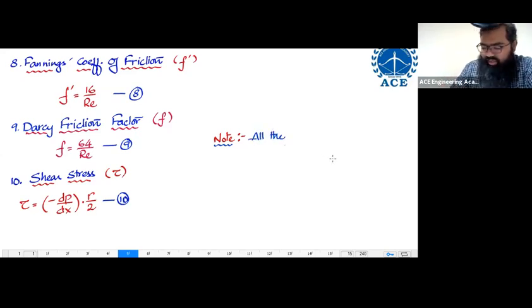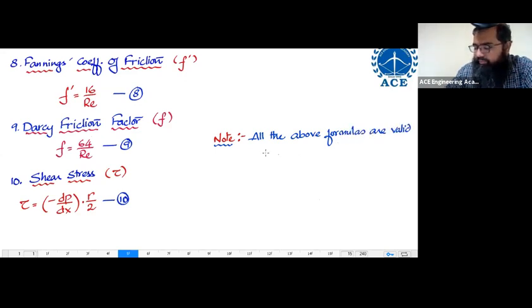Till the time I write this note, you take down these formulas. All the above formulas are valid for horizontal pipes.